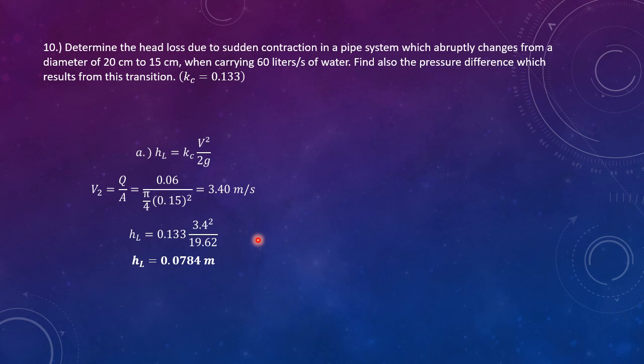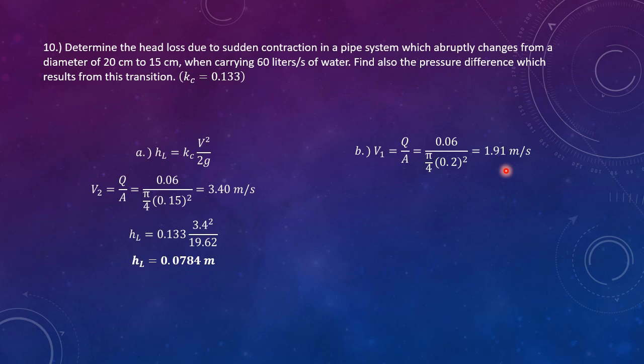We might as well solve for V1, which is the velocity of flow at the bigger pipe. And that is equal to Q over A. The discharge is still 0.06 cubic meter per second. Area of the bigger pipe is pi fourths D squared. This time, the diameter is 0.2 meter. Solving for V1, that is equal to 1.91 meters per second.